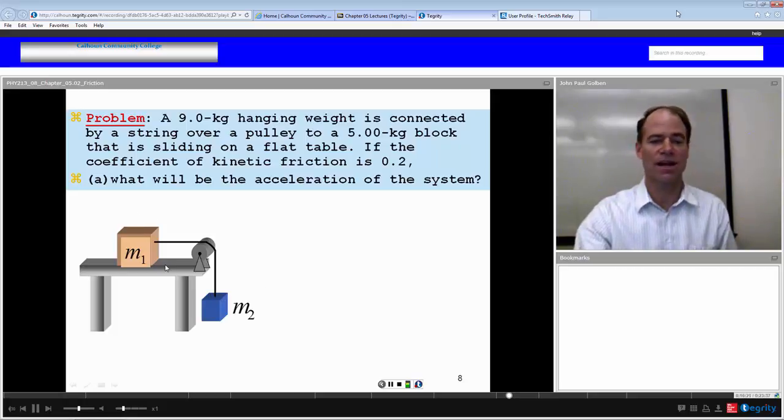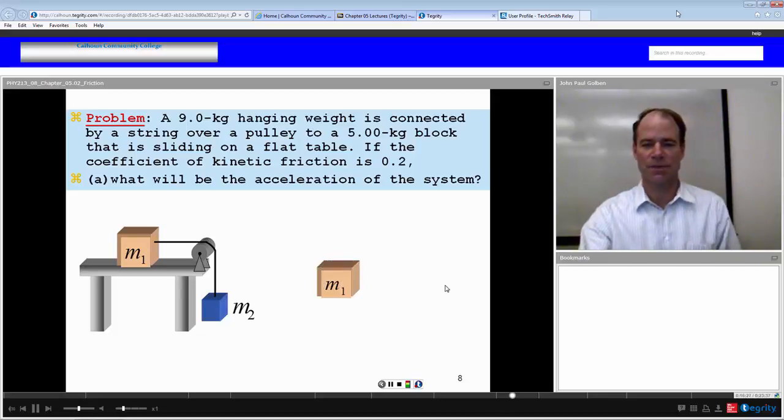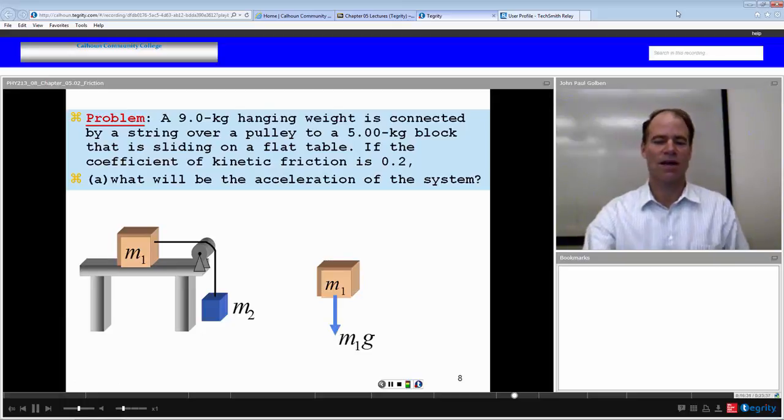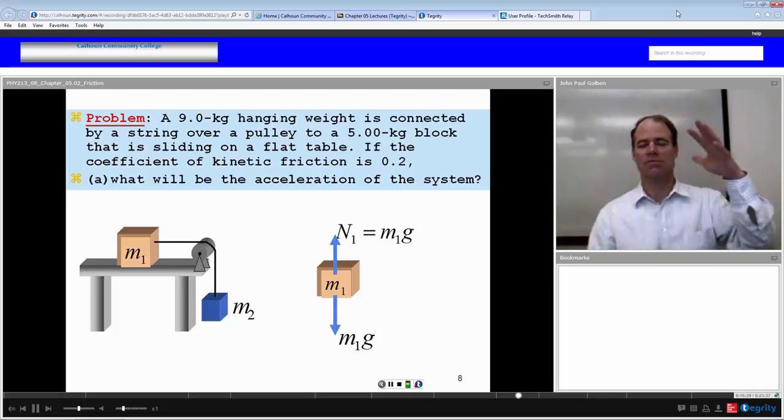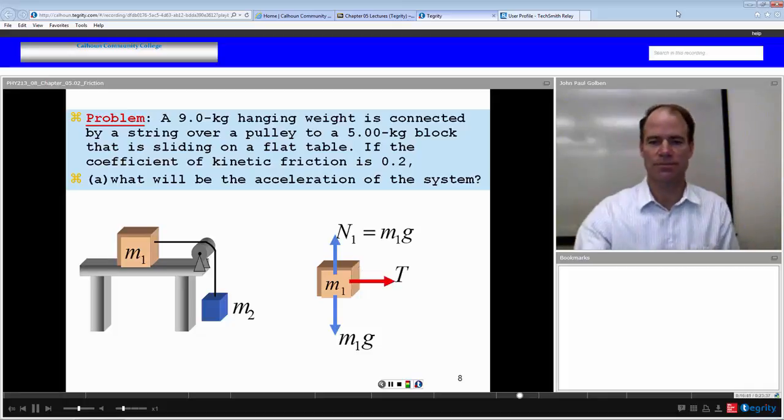We want to set up a free body diagram for these blocks and then apply Newton's laws. If I look at mass number 1, it's going to have weight, m1g, pulling down to the center of the earth, and it's going to have a normal force equal to that weight going up because I'm stationary vertically.